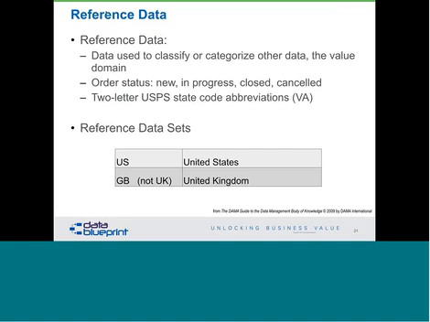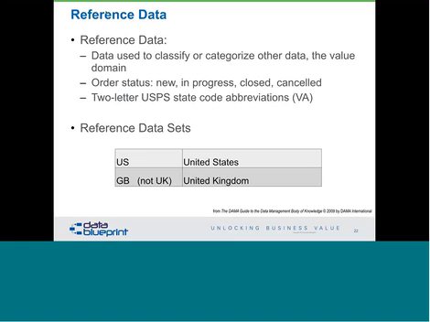Let me give you a very specific example here. This is an organization that we ran across where they had a two-letter state code to abbreviate things. So the domain in this case was used to classify data and various other value domains.